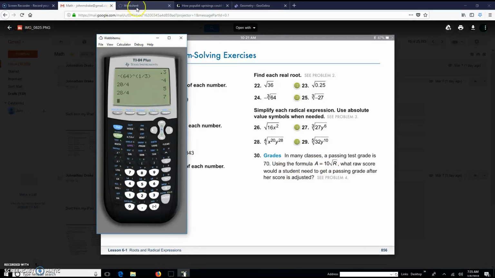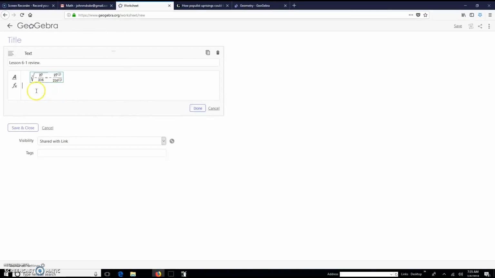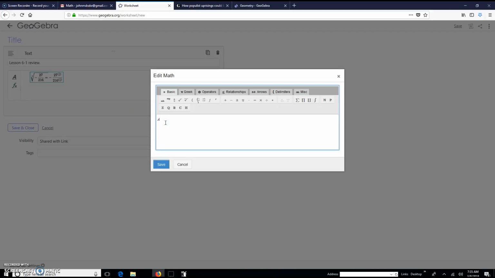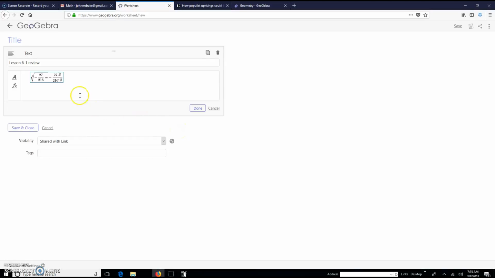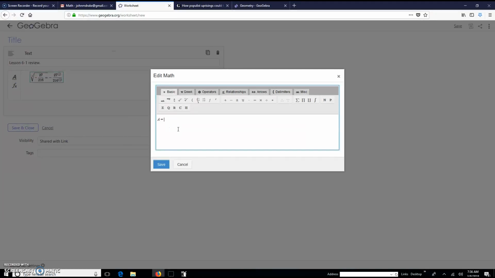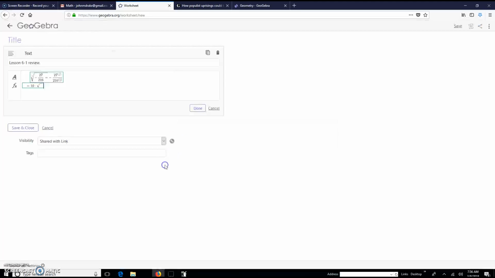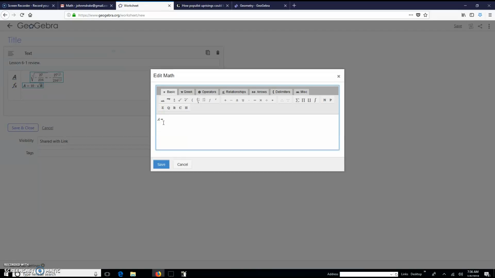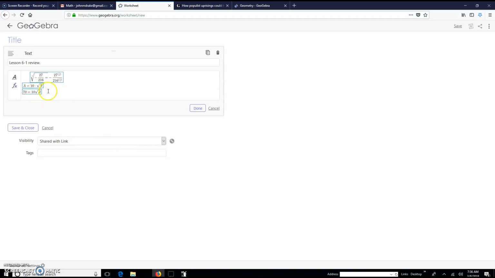And so A equals 10 times square root of R. Okay, so the next step would be we put in 70 equals 10 square root of R. Right, just substituting in there.